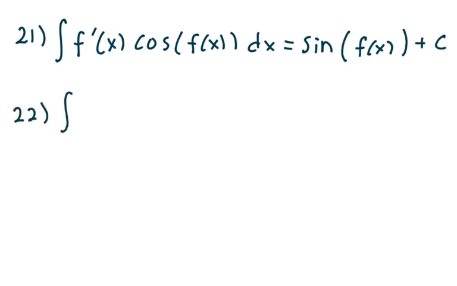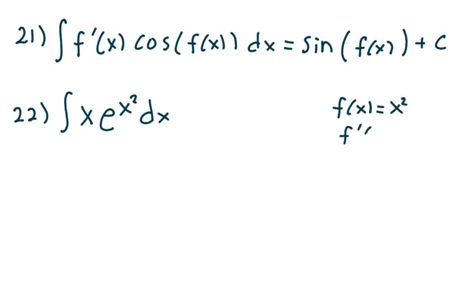Number 22. If I have the integral of f prime of x, here, we're going to do this one. Let's do a specific example. I'll show you how it works. Suppose we have the integral of x e to the x squared dx. Now, my function is x squared.